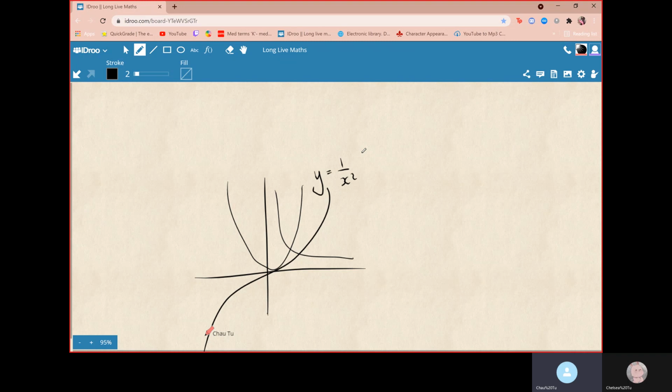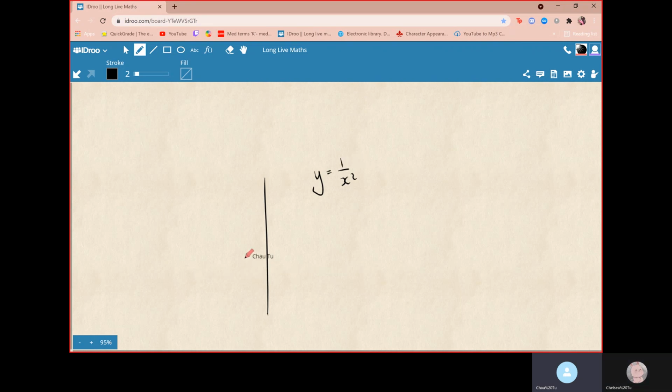I'm not talking about x to the power of 3 though. What's 1 over x squared? You can always plot it, Chelsea. Let's say when it's negative. It's this one.